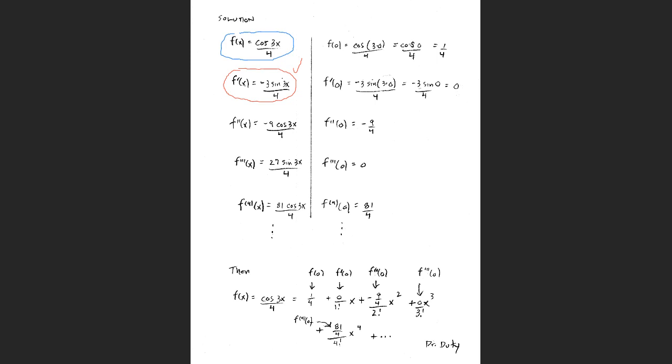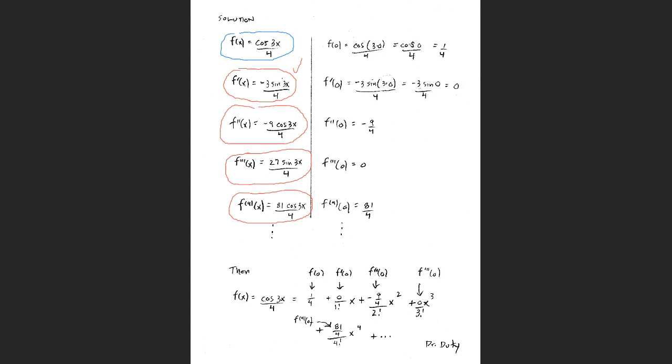And I keep taking derivatives. So my second derivative will be negative 9 times cosine of 3x over 4. The third derivative will be 27 times the sine of 3x over 4. And finally, the fourth derivative will be 81 cosine of 3x over 4.